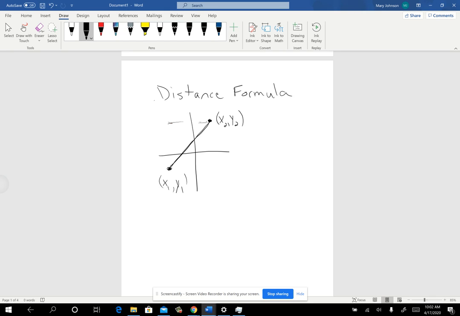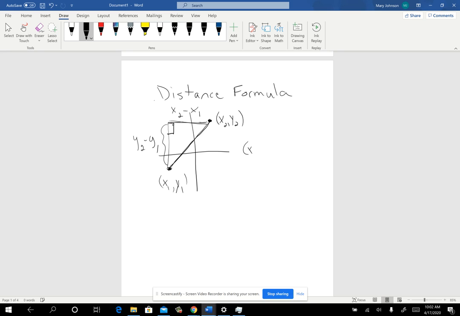So if you think about the horizontal and the vertical line here, that little triangle we sometimes used when we were doing slope, the length of this side would be y2 minus y1. The length of this side would be x2 minus x1. And see, that's a right triangle. So the distance formula really comes from that idea.